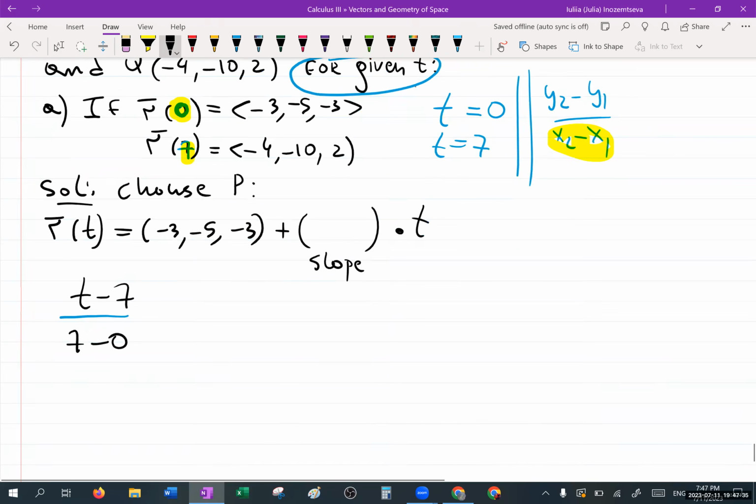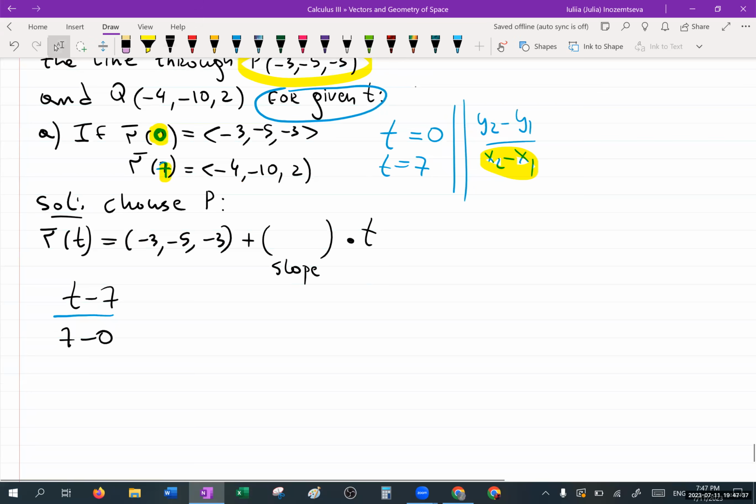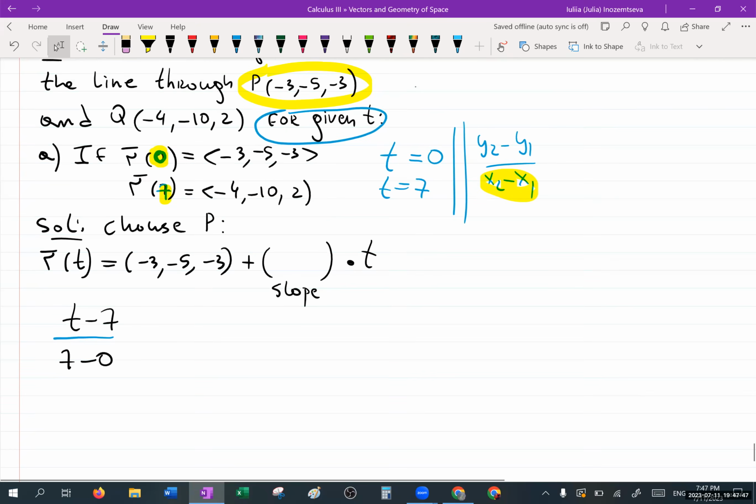So the shift is happening by 7 units. That means, does anyone know? T divided by 7. That's how we get the denominator. And what should I multiply by over here?